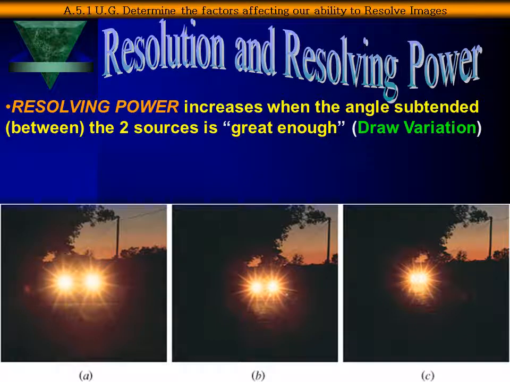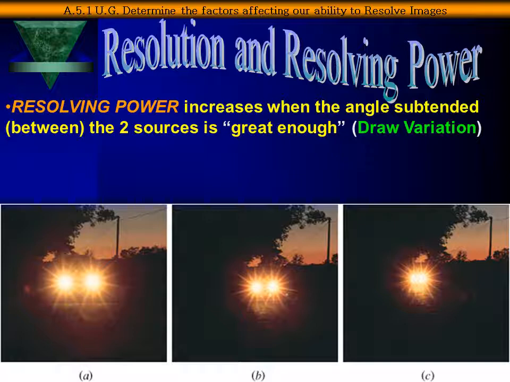Now, how do we increase resolving power? Well, there's different fancy ways to do that. Obviously, one idea is if the image is closer or appears closer to us, then the two objects are more resolved. We can tell the difference between them.